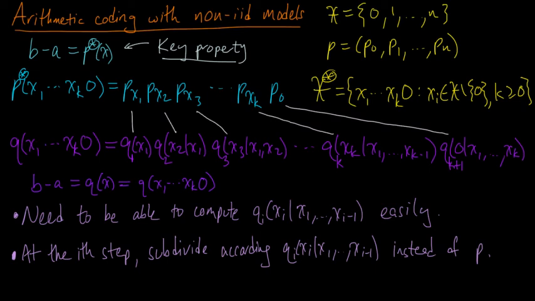All right, so there's one more thing I'd like to mention about this type of model, and that is with respect to the end of file symbol. I mentioned that instead of using the end of file symbol convention, another alternative was to just encode the length of your original message.